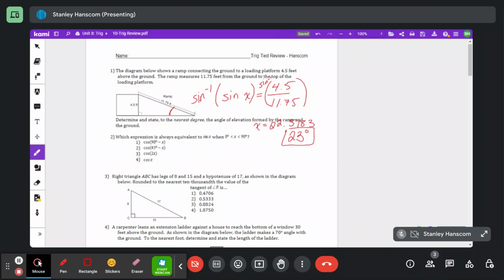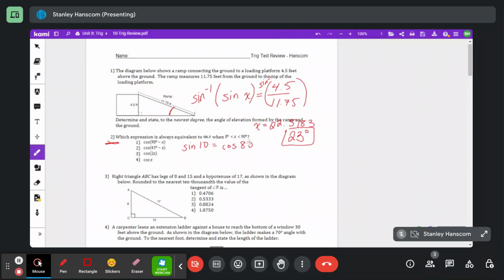All right, the next problem, number 2. Which expression is always equivalent to the sine of x when x is between 0 and 90? Well, we said that there was a special relationship between sine and cosine. The sine of an angle is equal to the cosine of the complementary angle. So the sine of 10 is equal to the cosine of 80.